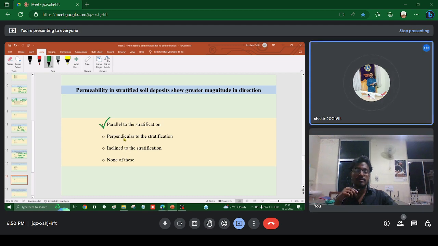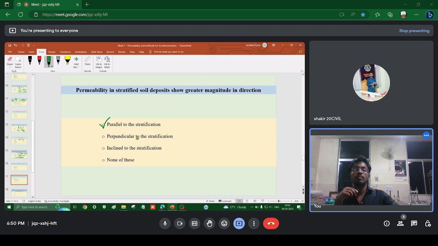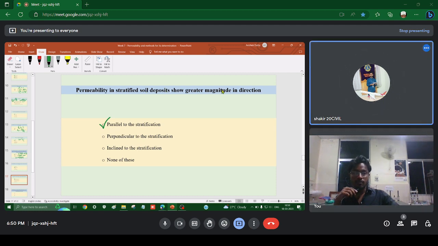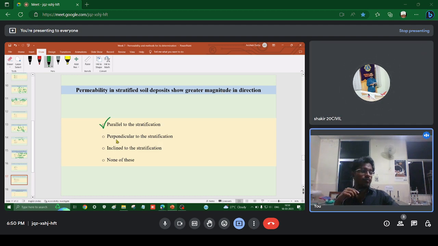Yes, sir. So in reality, arithmetic mean is always more than the harmonic mean. Hence, when we consider parallel, the value of k will be more. Because the formula for perpendicular is what? K equals Z divided by (z1 by k1 plus z2 by k2), right?